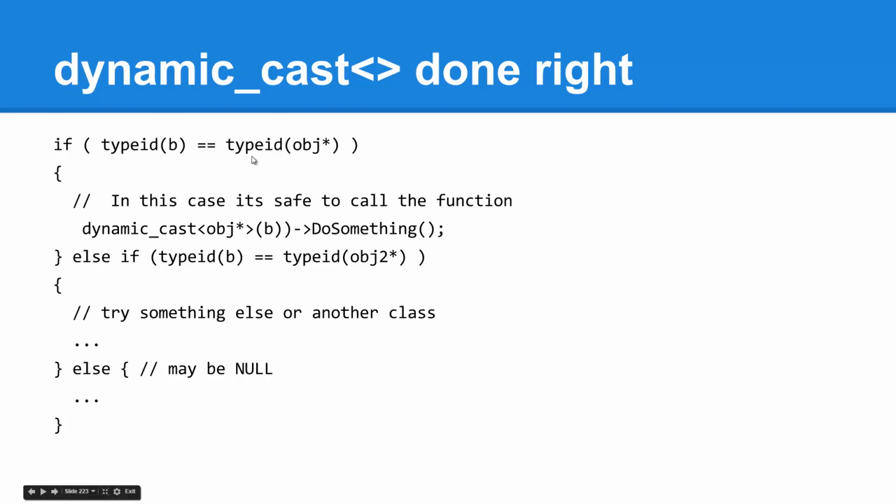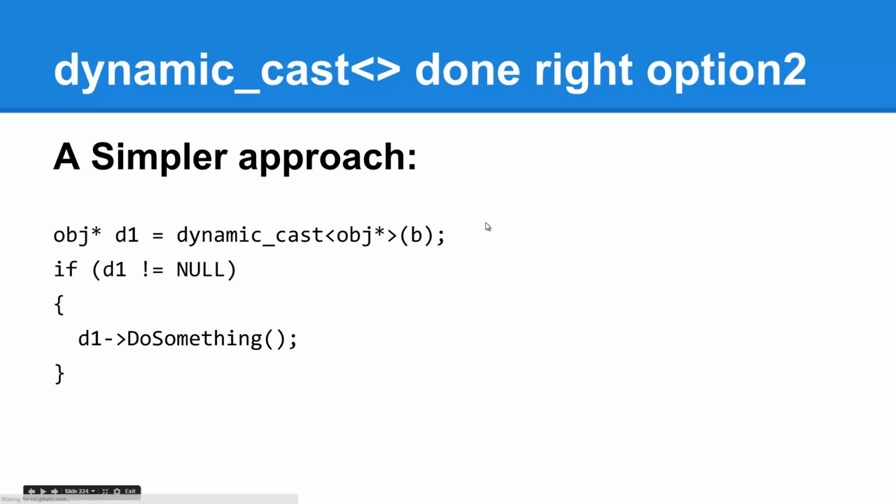So here's how dynamic cast should be done right. When you call it, either beforehand you check the type ID of the object to make sure that the intended destination matches up, and then you try the dynamic cast to make sure it works. That's one way to do it. It's a little bit more verbose.